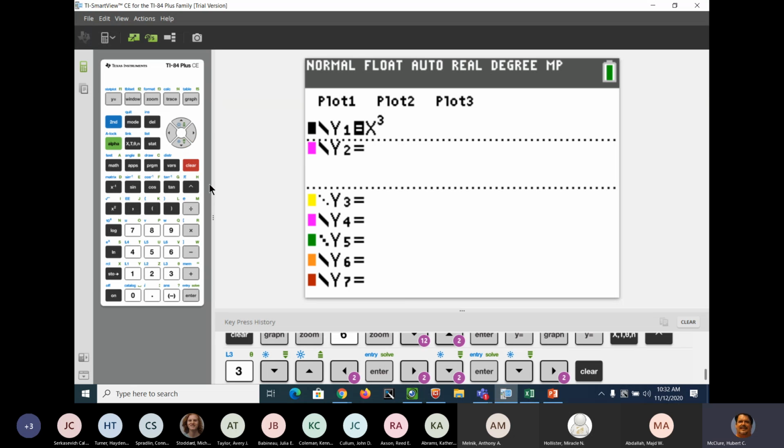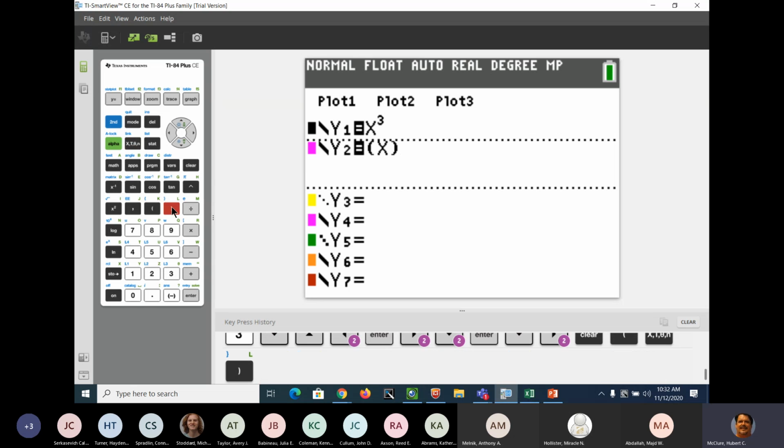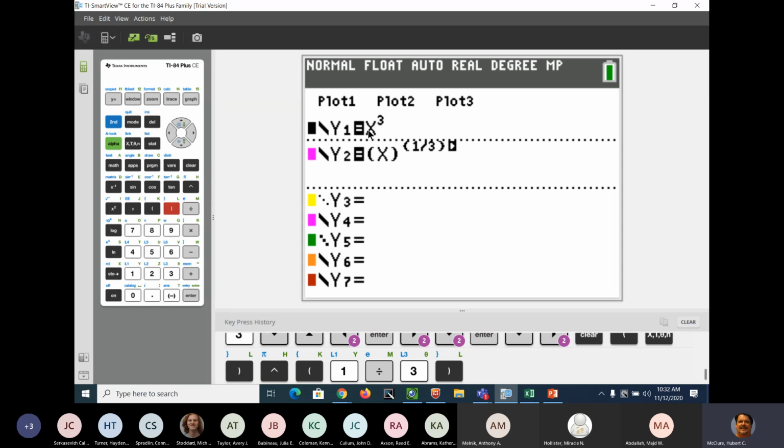And we're going to say y inverse is equal to the cube root. So I'm going to do it to the 1/3 power: parentheses, x, close parentheses, raised to the 1/3 power. So we've got x to the 3rd and then the cube root of x. And watch what happens.